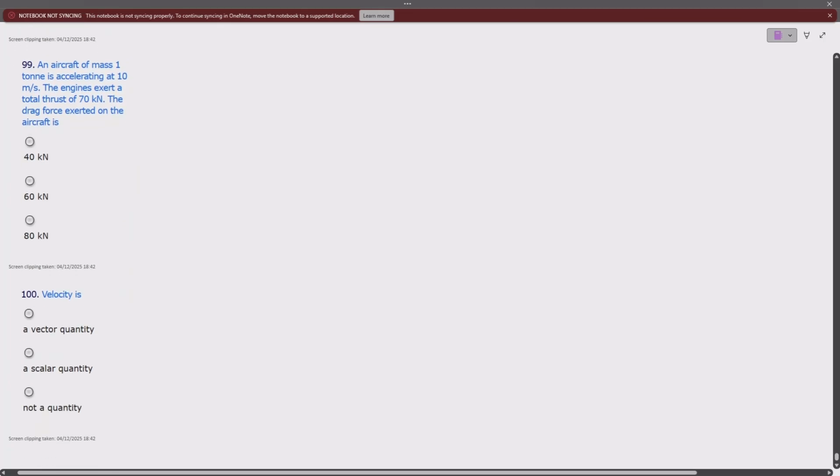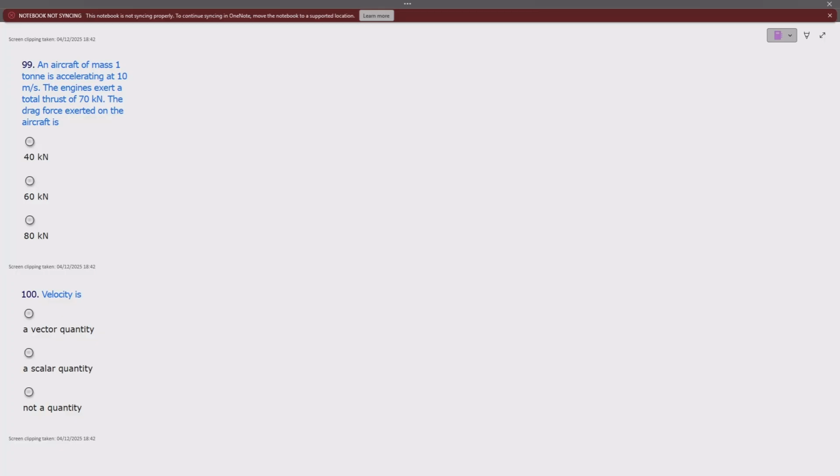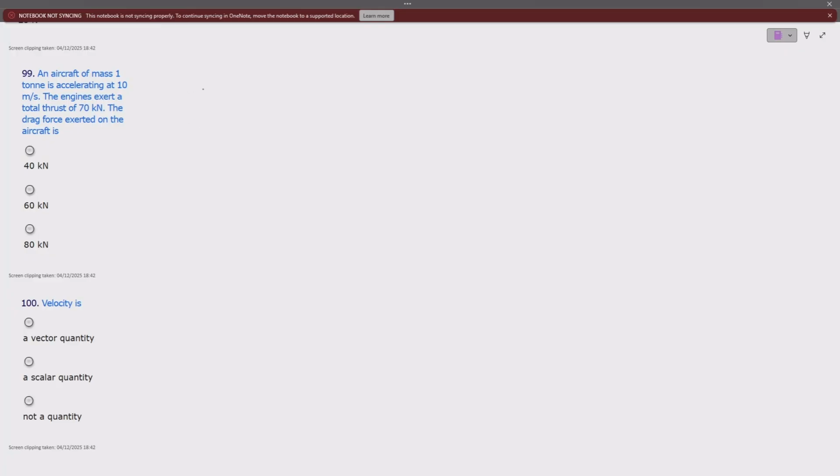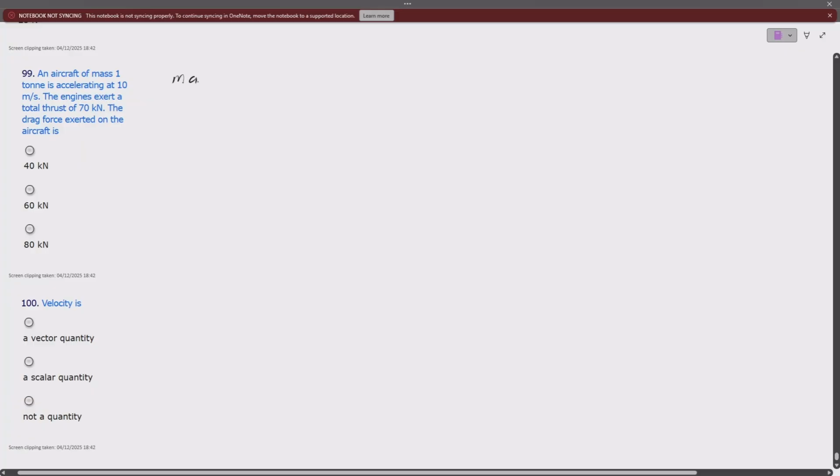An aircraft of mass 1 ton is accelerating at 10 meters per second. The engine exerts a total thrust of 70 kilonewtons. The drag force exerted on the aircraft is. So you have the mass, m equals 1 ton.